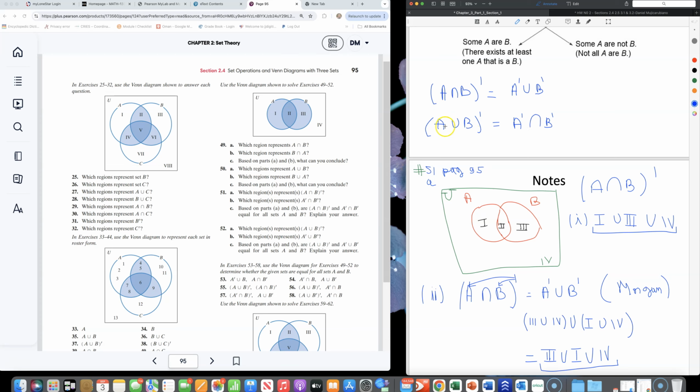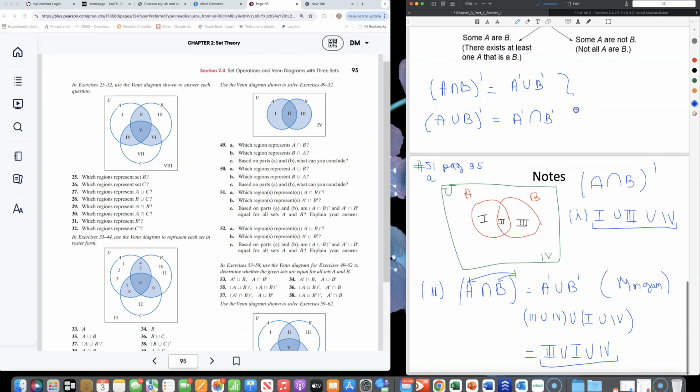So the complement of the union is the intersection of the complements. And this is the way to remember De Morgan's law.